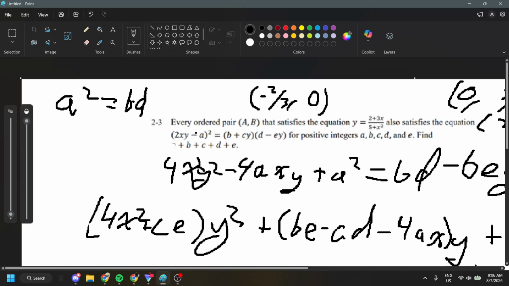So now should I plug this in here, negative root bd? I don't want roots in here. Would be another good one.